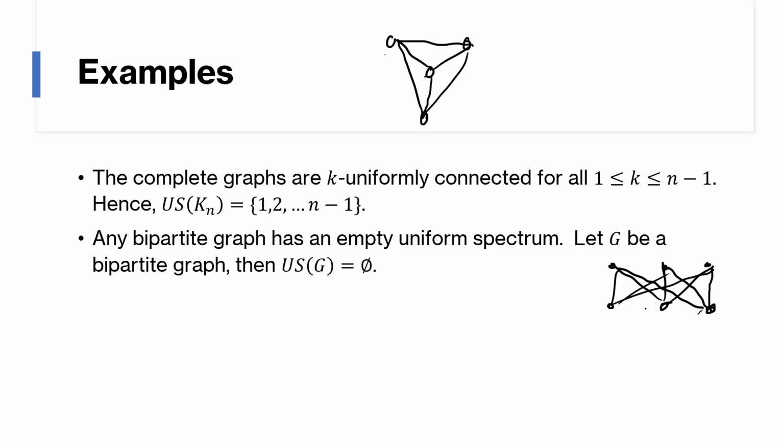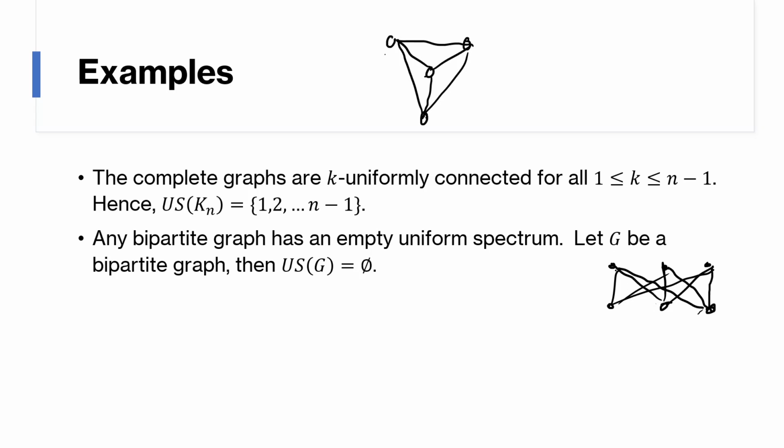Between any two vertices in the same partite set, you can only ever find a path of even length, 2 or 4. There are only even length paths between vertices in the same partite set. There are no paths of odd length between two vertices in the same partite set. So what that means is no odd integer can be in the uniform spectrum. Bipartite graphs are not k-uniformly connected for any odd k.